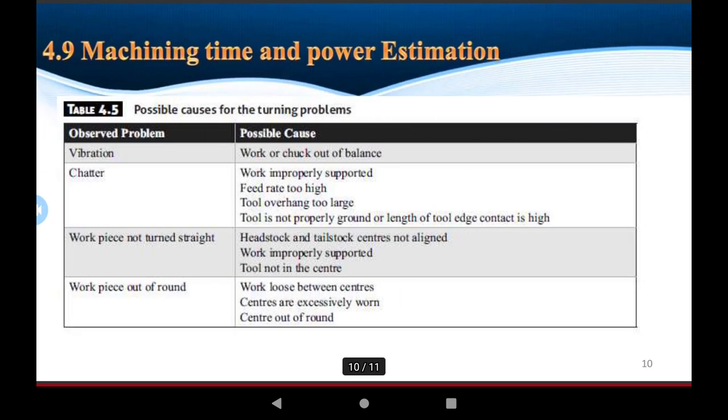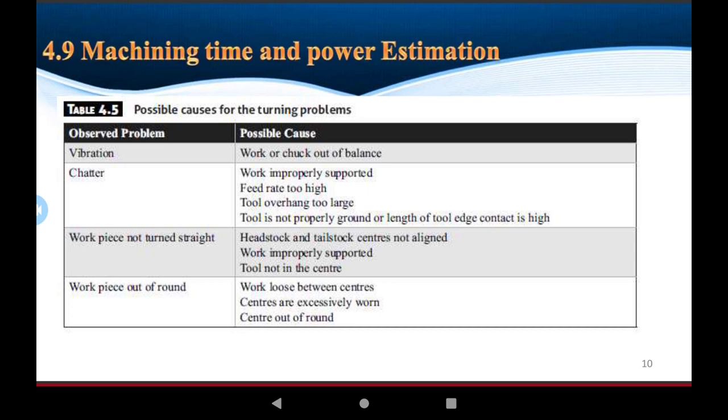and the machining time and power estimation, and the observation of the possible vibration, and checking the balance of the workpiece, the power estimation required for the other purpose. And this is the first law of thermodynamics.